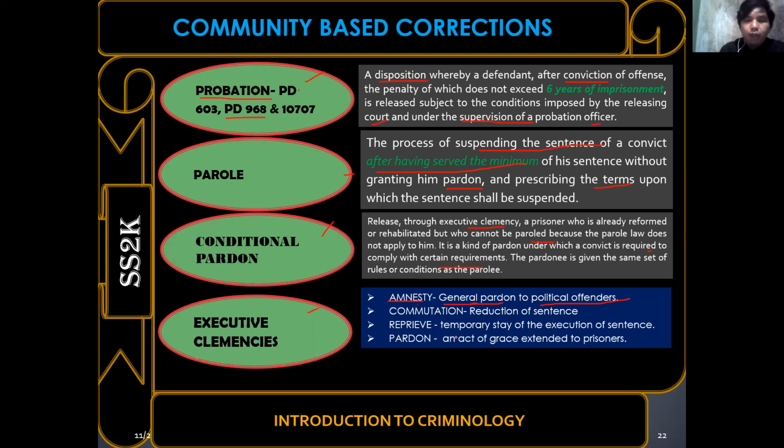Then reprieve. Ano ang reprieve? Ito po ay binibigay doon po sa mga tao na ang hatol noon is death penalty. Reprieve is the temporary stay of execution of sentence. So, pagka executive reprieve, yan po yung ibinibigay lamang doon po sa may penalty na death penalty.